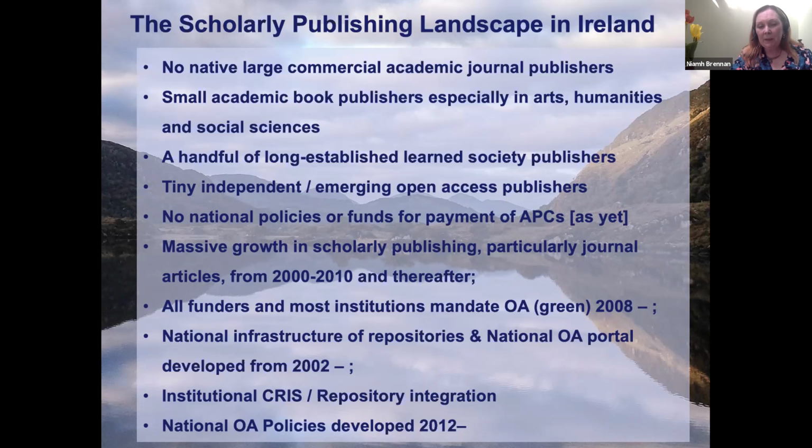Now that might sound a bit geeky, but really what it means at the institutional level is that repositories and research information systems feed information into the universities, giving them business intelligence and information about how they're doing. And that's really important from the point of view of the institutions, who have to show impact just as surely as the funders and the individual researchers do. Institutions need to do that as well.